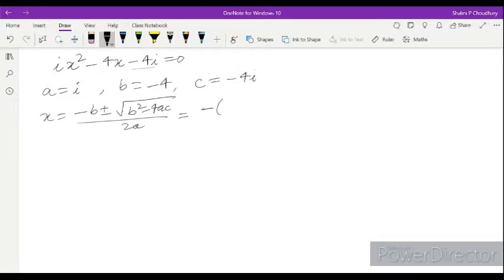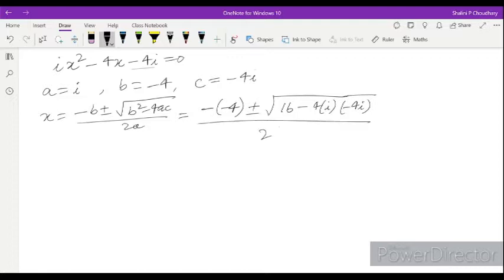So minus of minus 4 plus minus b square. Minus 4 का whole square will be 16 minus 4 into a, that is i, and c minus 4i. Okay, so divided by 2 into a का value is i.